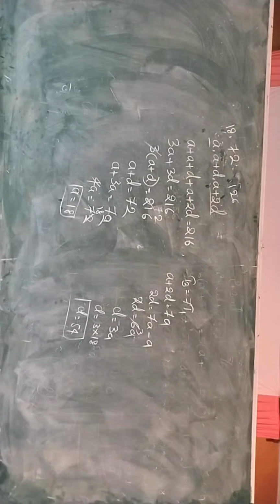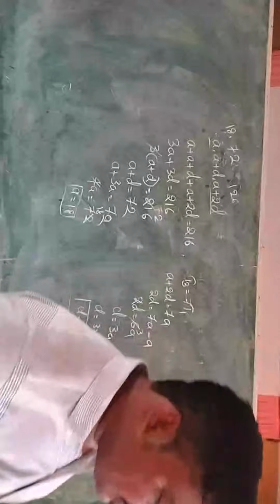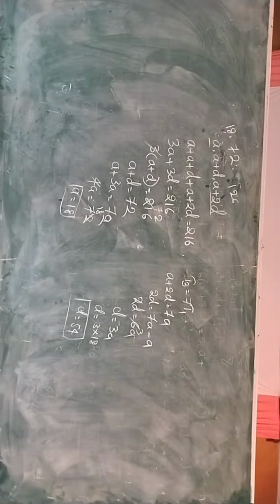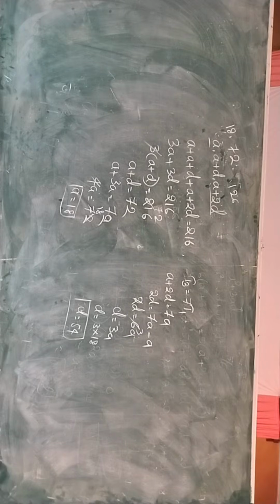The sum of the fourth and fifth terms is 5 times the second term. Find the 10th term of the progression.